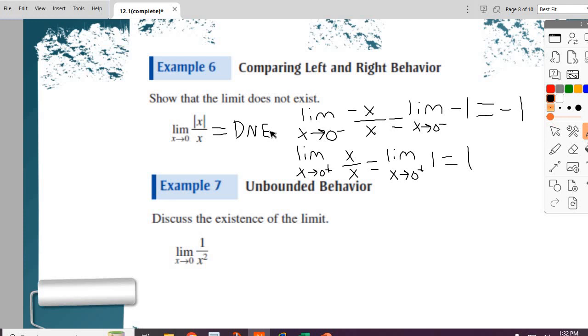You could also, like we've been doing, look at the graph of this to help us out.